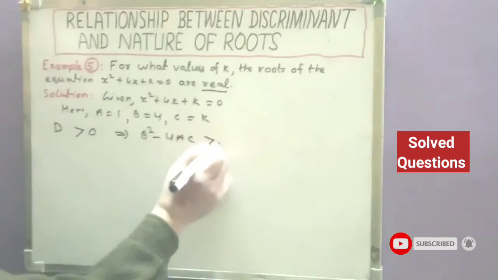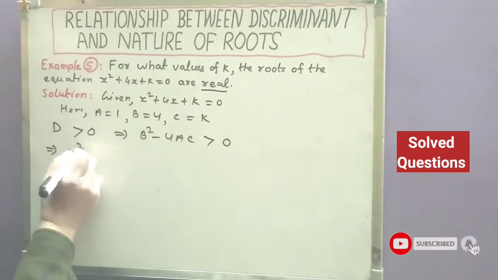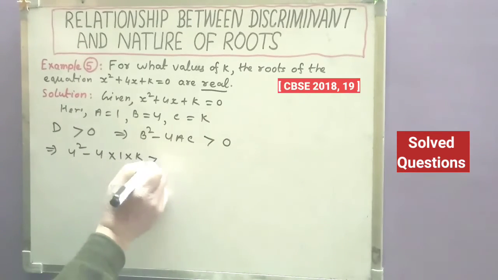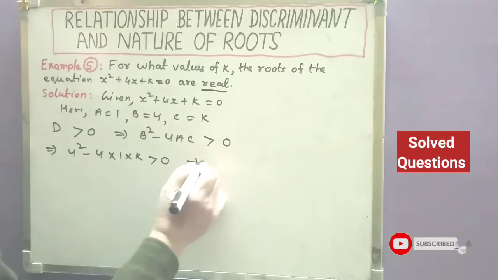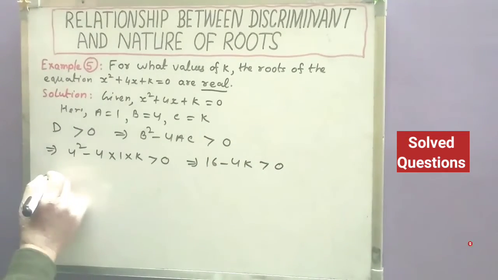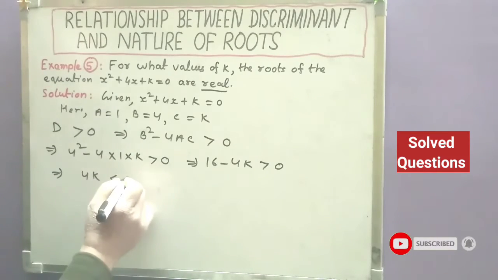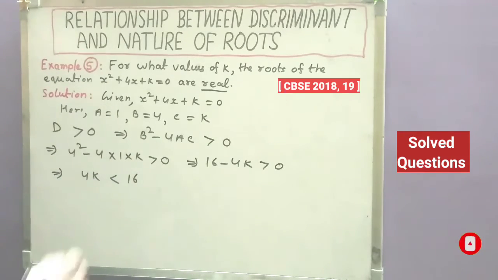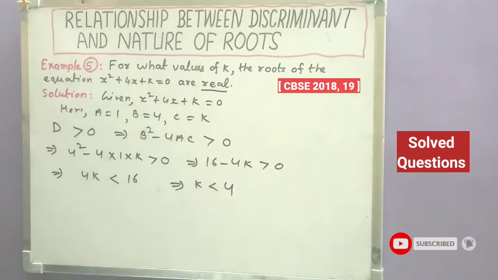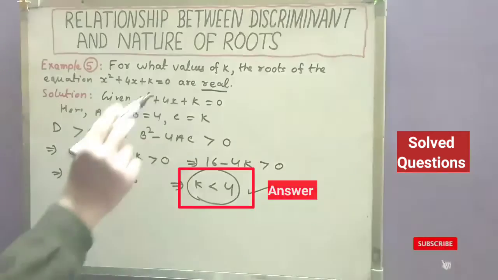That implies b² − 4ac ≥ 0. That implies 4² − 4 × 1 × k ≥ 0. That implies 16 − 4k ≥ 0. That implies 4k ≤ 16. That implies k ≤ 4. So for k ≤ 4, the roots are real.